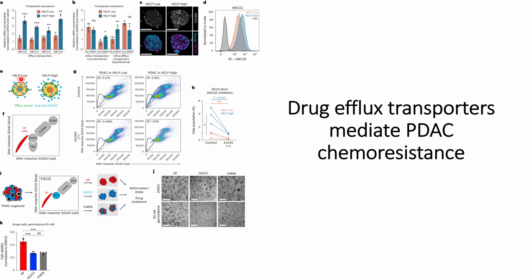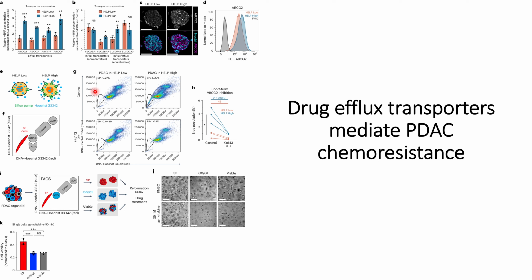The representation is shown in panel E: in HELP low, they expect more signal, and in HELP high, very little signal, as less Hoechst dye is accumulated inside the cells. This is what they observe in panel F, where the red portion is their target of interest, the side population cells, as they have low fluorescence.